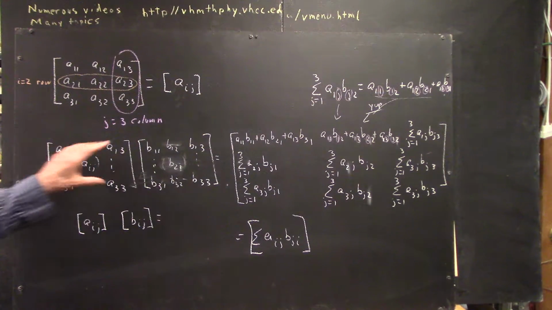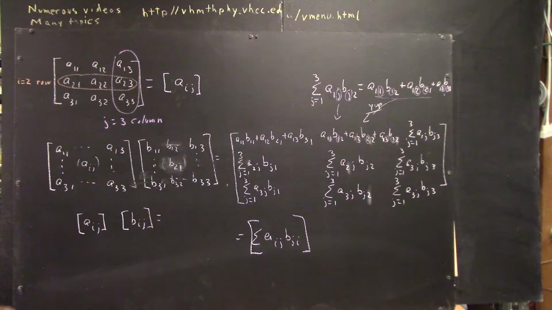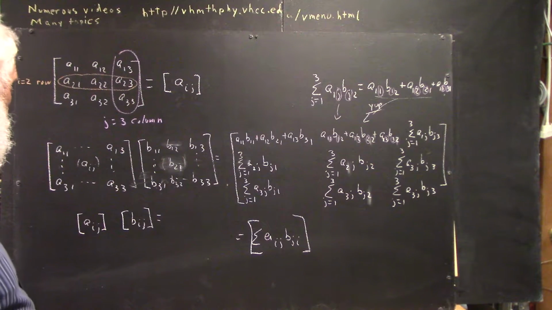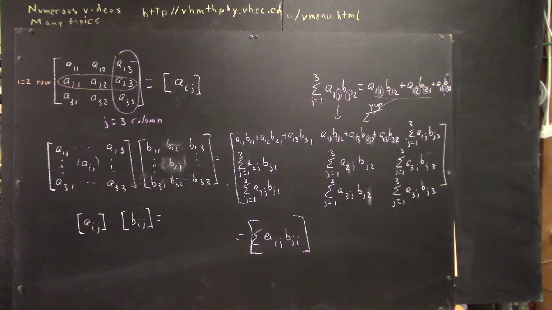So we don't have to write all this out. We just understand that these are matrices that are hopefully compatible for multiplication, or we can't do the product. But in this case, let's just assume that they're 3 by 3 matrices. So how do you write the matrix that's the product of these two?